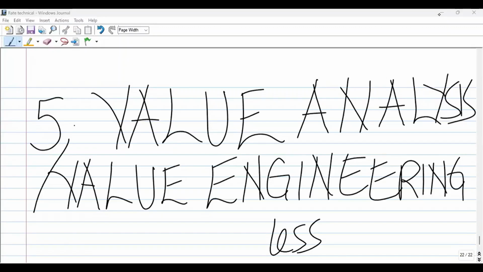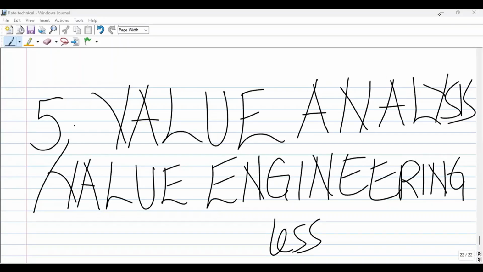So we say that it involves substitution of materials and methods with less expensive alternatives without compromising or sacrificing functionality. So you're trying to replace your old methods or systems or materials with new methods or systems or materials which are less expensive, but still without compromising or sacrificing functionality.